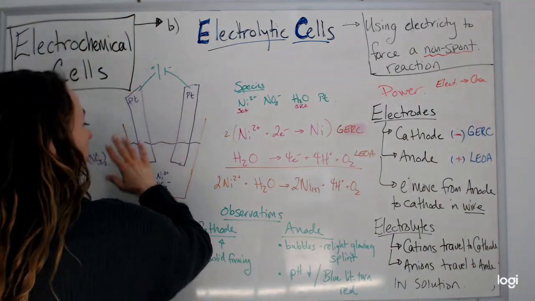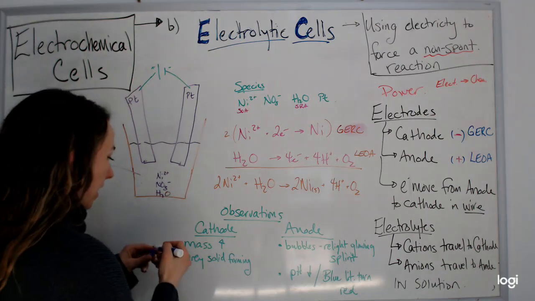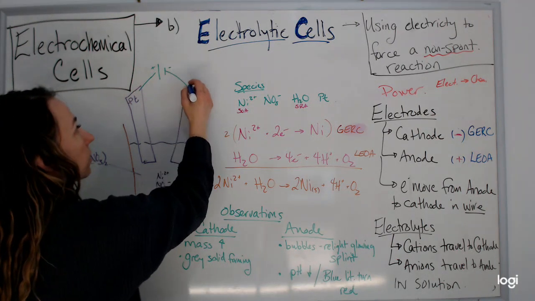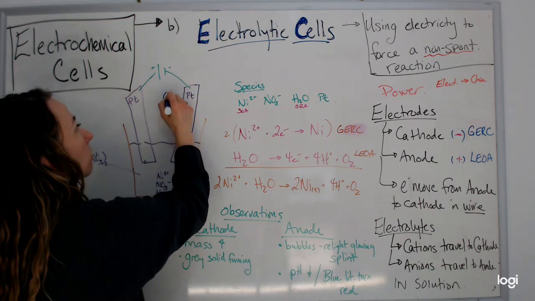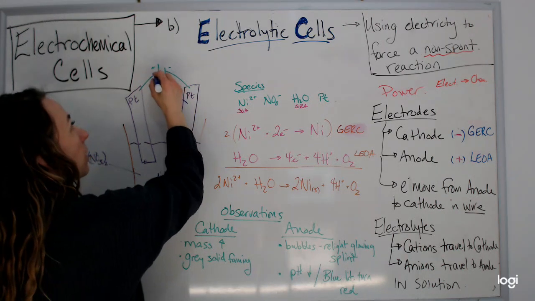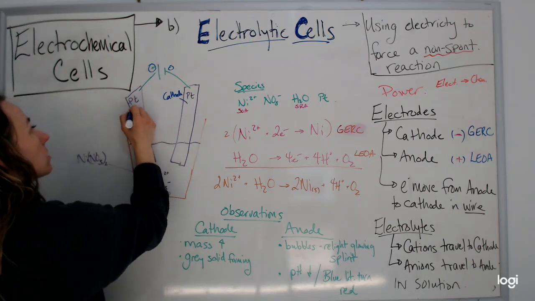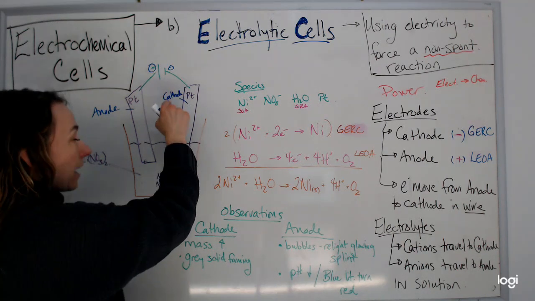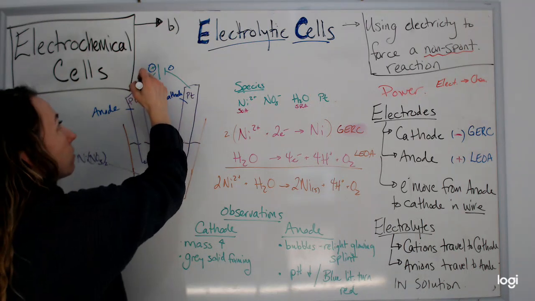Now, in order to draw a fully labeled diagram, I have to go back here and add that because this is a negative post, this is going to be my cathode. And because this is a positive post, this is going to be my anode. And the electrons go from the anode to the cathode.